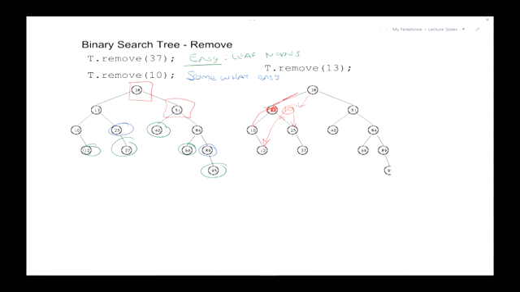So to help us out, we're going to define a couple terms. We're going to first define a term called the in-order predecessor, which we'll refer to as the IOP.